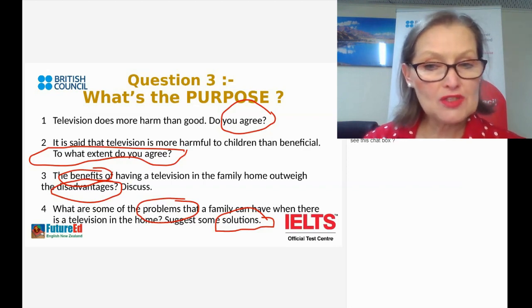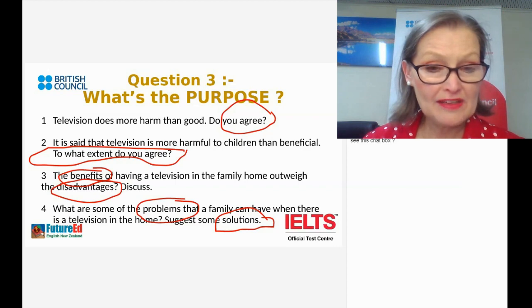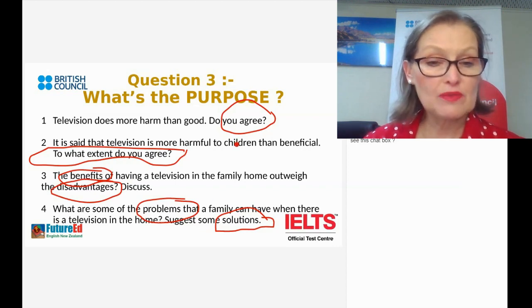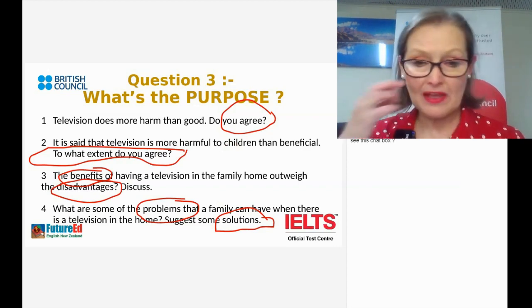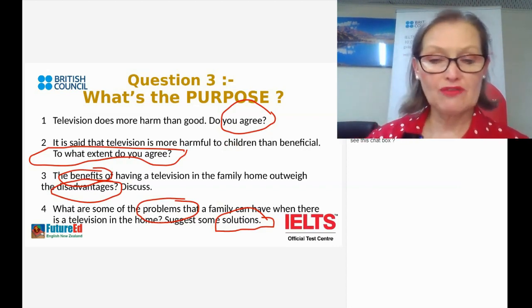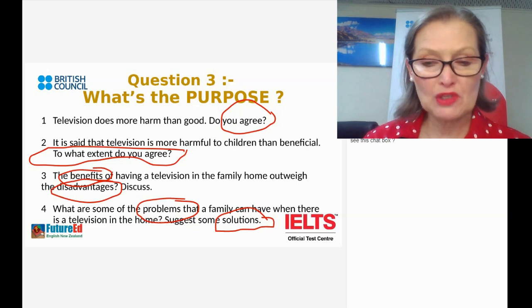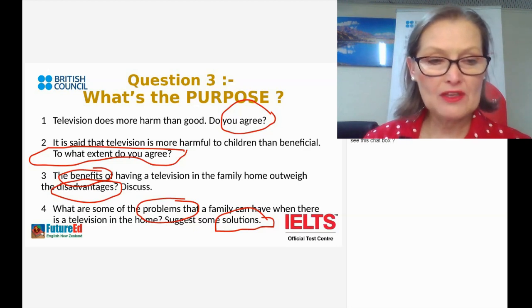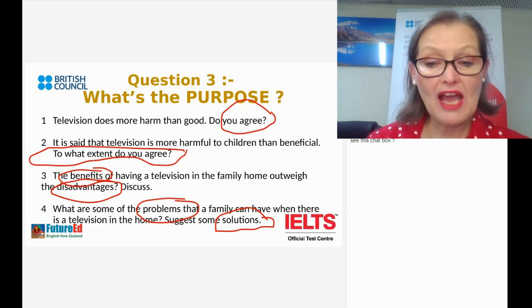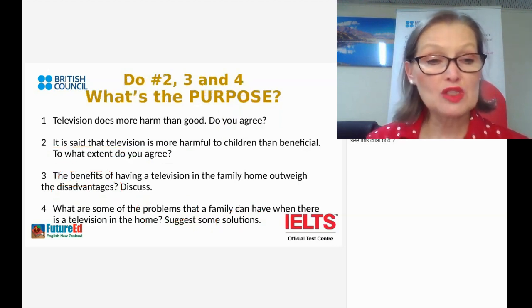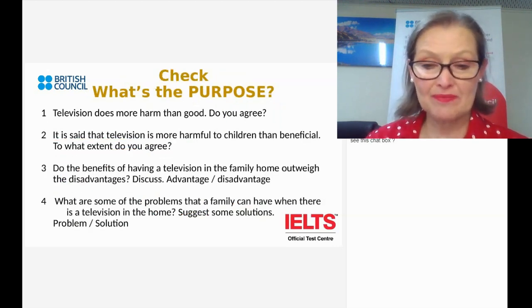In tasks 1 and 2, we have to write an agree-disagree essay, whereas with task 3, we have to write an advantage-disadvantage essay, and with task 4, a problem-solution essay. So there are many, many ways that the examiner can present our task 2 essay to us.